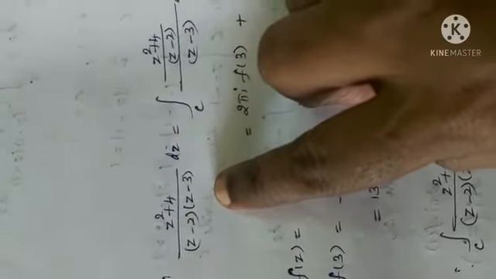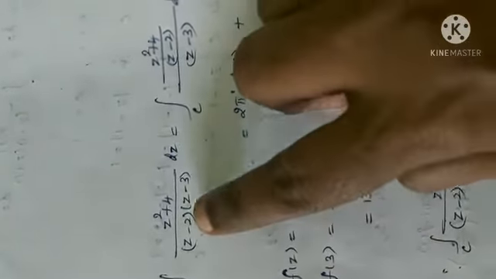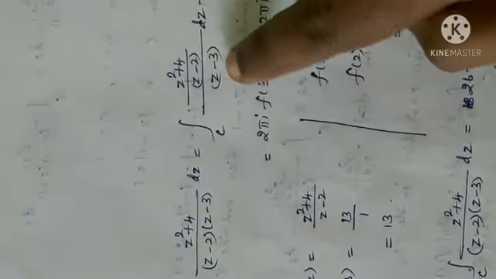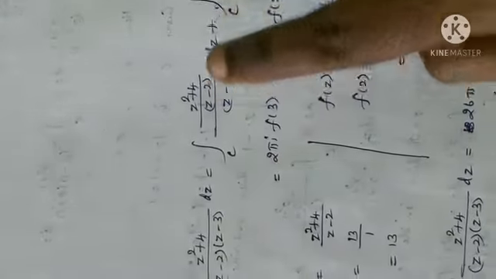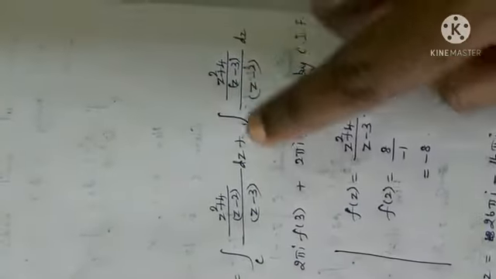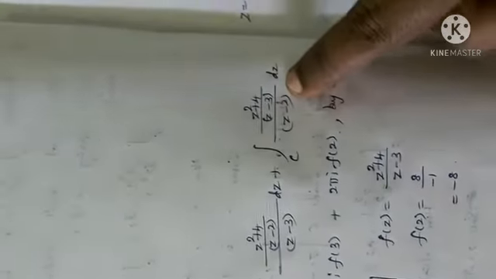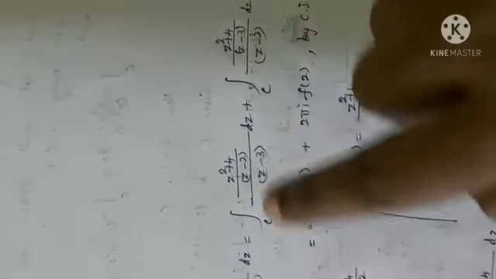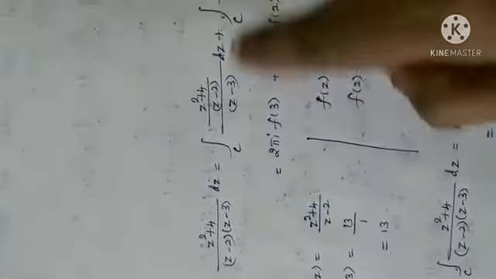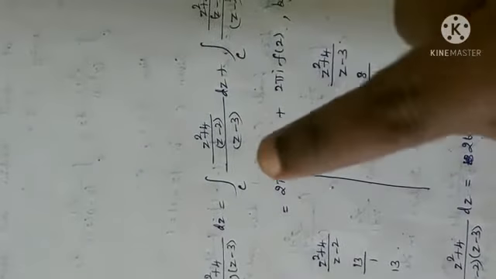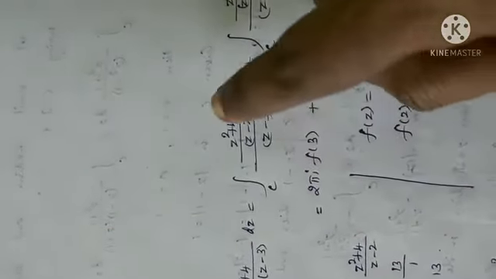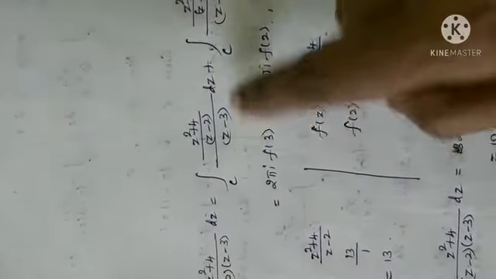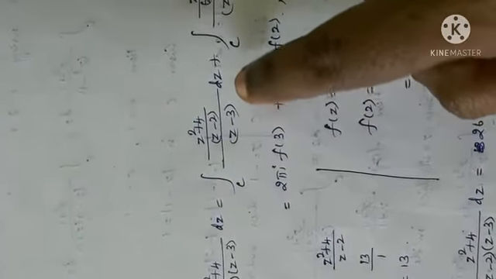The first method is, since both lie inside c, take this term to the numerator and z minus 3 will be the denominator. Or take z minus 3 to the numerator, and this will be in the denominator. Since both lie inside c, you can write it as a sum of the two, where when one is in the denominator, the other one will be in the numerator. Since both lie inside c, we can use Cauchy integral formula.